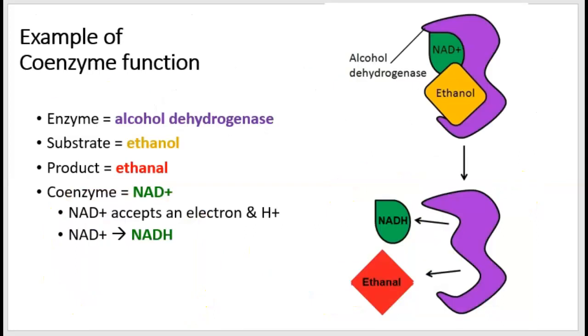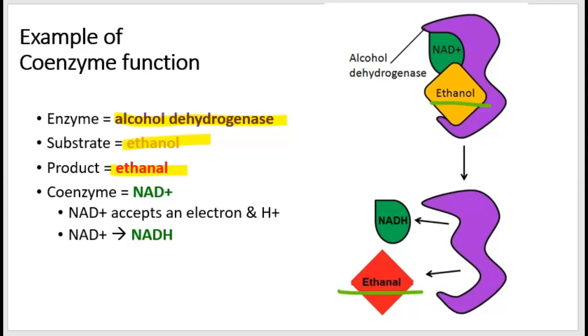Here's an example that you'll encounter of coenzyme function. The substrate or reactant called ethanol, common ethanol, alcohol, gets turned into ethanal when it is catalyzed by this enzyme called alcohol dehydrogenase. So alcohol dehydrogenase binds to ethanol and produces ethanal.